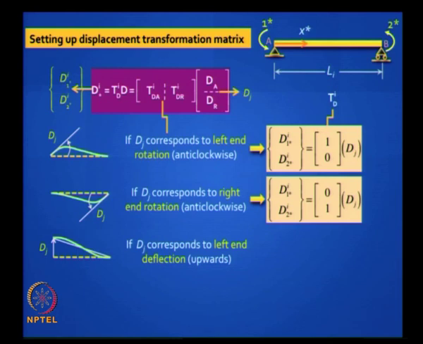See, I wrote something here, you have to write something similar here for this situation. What will you write here? What is the first component, what is the second component? 0 minus dj by L. No, 0 minus dj by L, 1 minus dj by L. No, dj is a deflection. Dj by L. Huh?